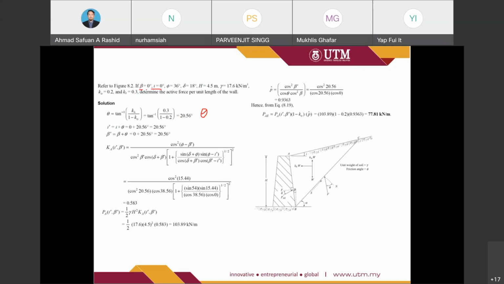And also because beta is equal to 0, beta prime is also equal to theta. Then we may determine the KA by using the same equation of the static. So then we can calculate the KE. The value of KA is equal to 0.583.